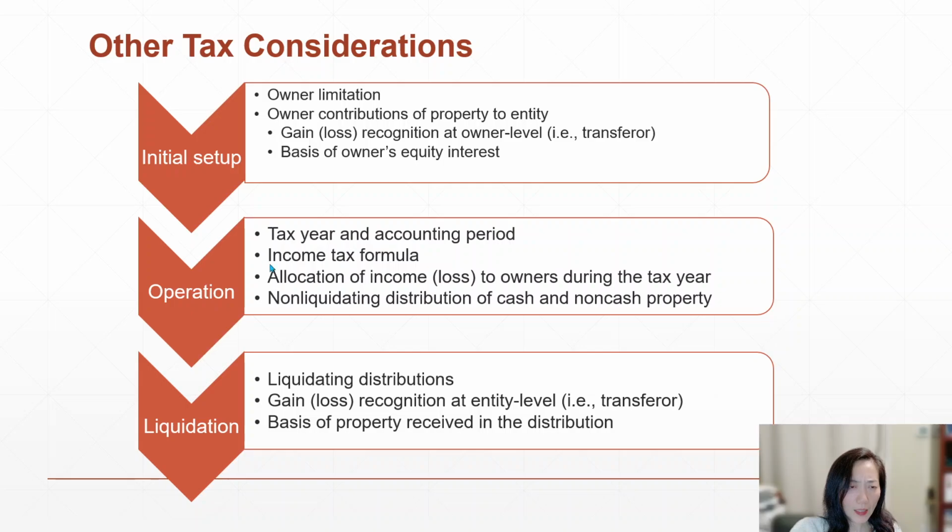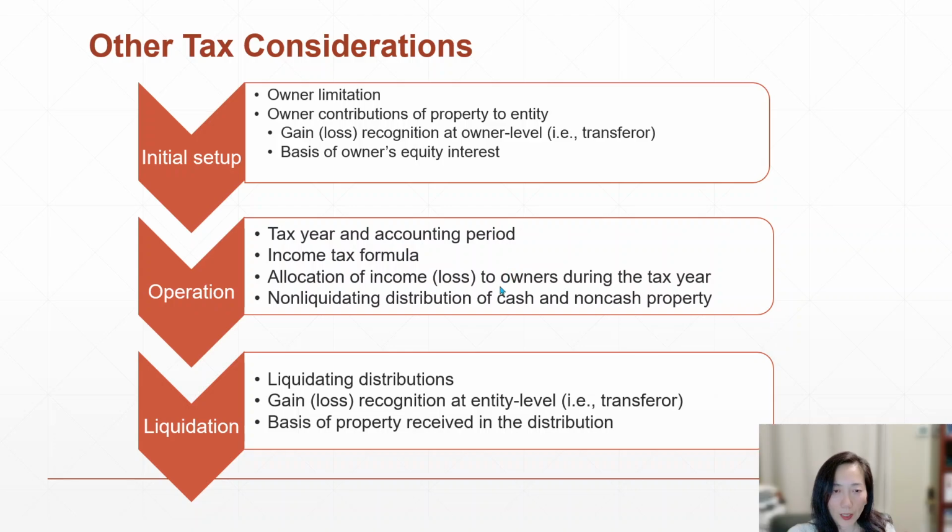The next is once the business is set up, if there's a separate tax filing required, for instance 1120 or 1065, then the business needs to choose the tax year and accounting period, and figure out how to derive the taxable income, and how to allocate the income and loss to the owners during the tax year.